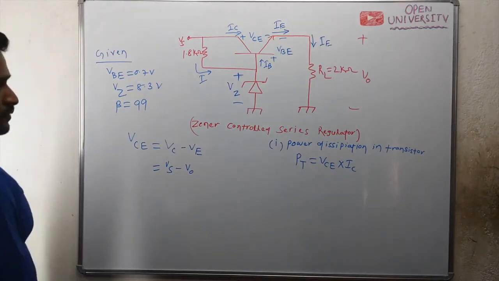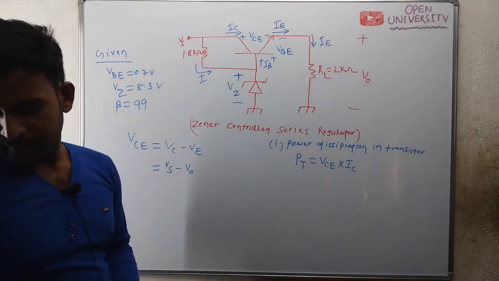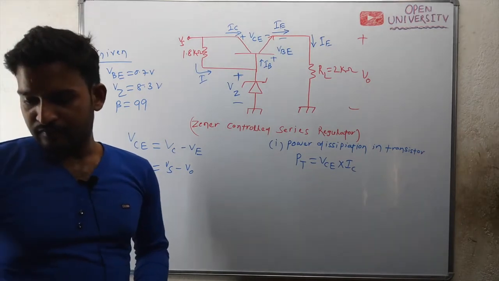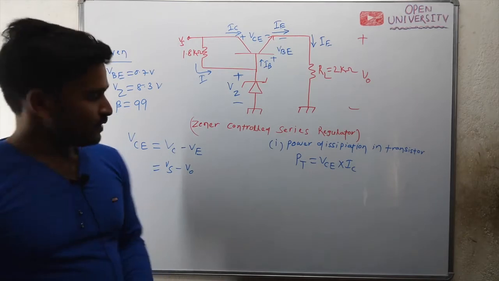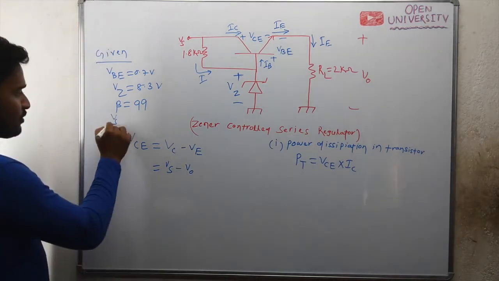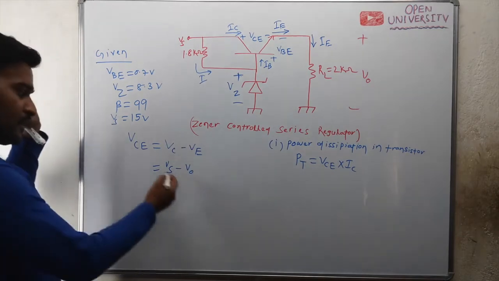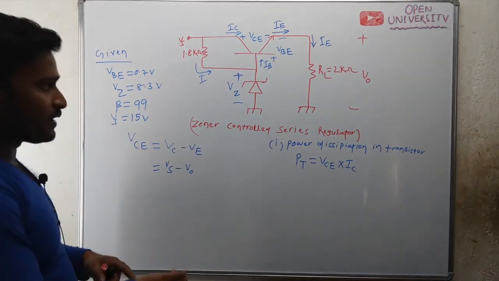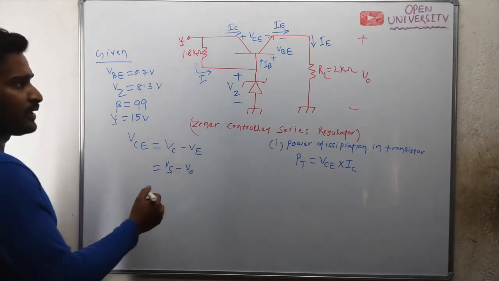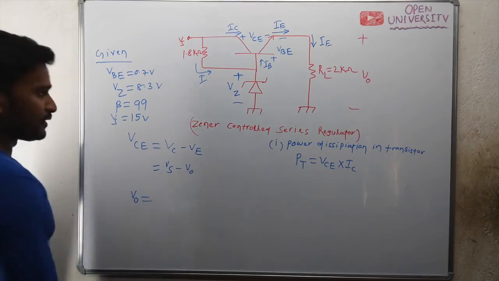The supply voltage is given to be Vs equal to 15 volt. Here Vs is known, V naught is not known. So how to get V naught?